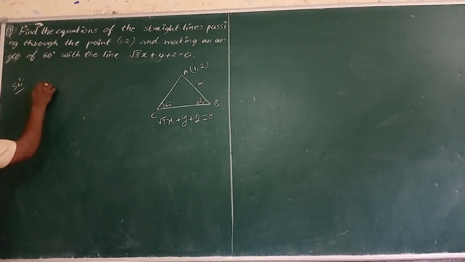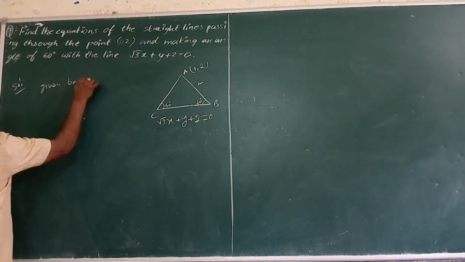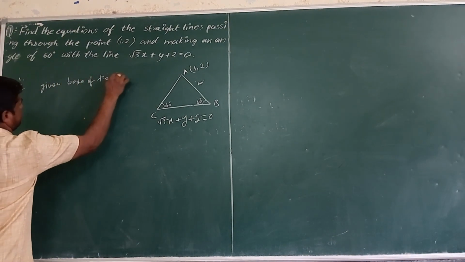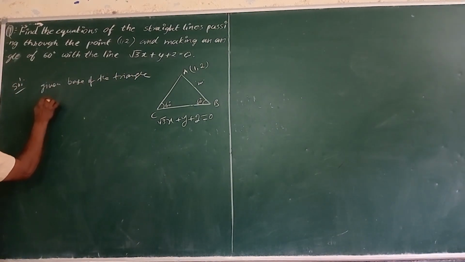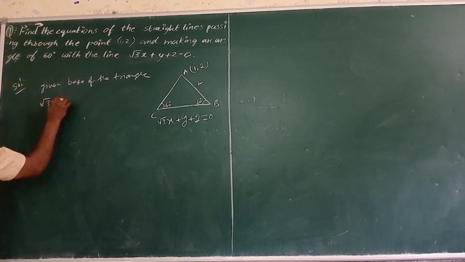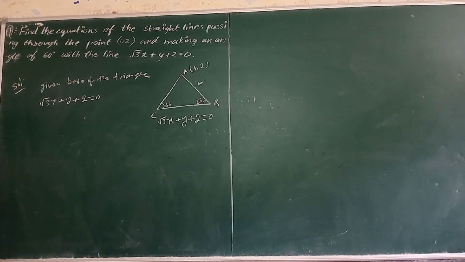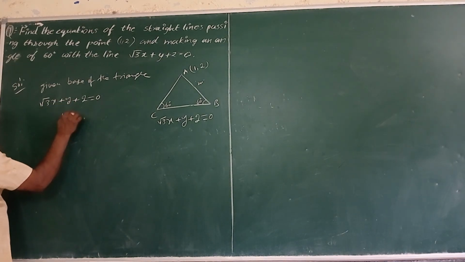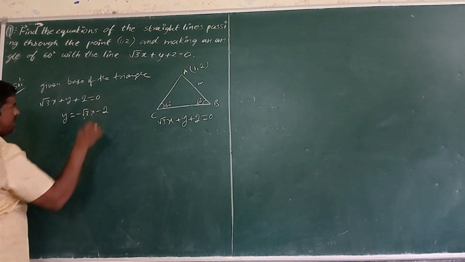Solution: given base of the triangle, root 3x plus y plus 2 equals to 0. Here root 3x and plus 2 transform into RHS, this becomes minus. So y equals to minus root 3x minus 2.